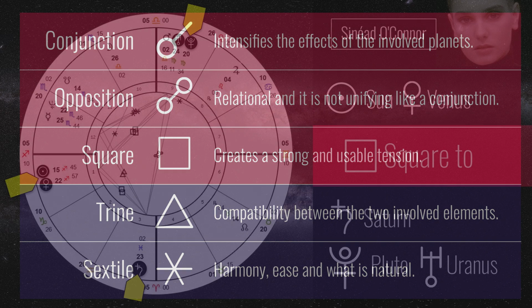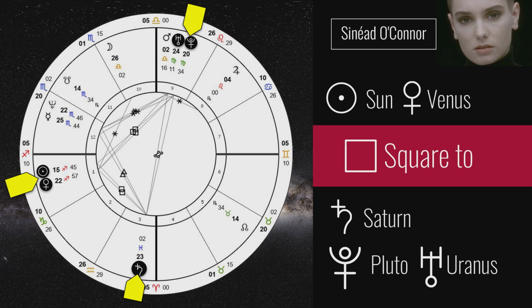So in her chart, you have the square: the Sun and Venus are square to Saturn, as well as to Pluto and Uranus. Now the square carries a similar quality to the opposition in that it's considered a hard aspect.